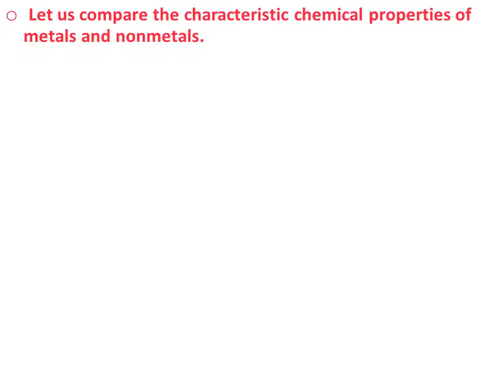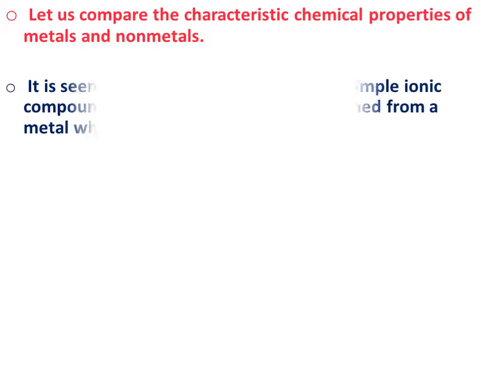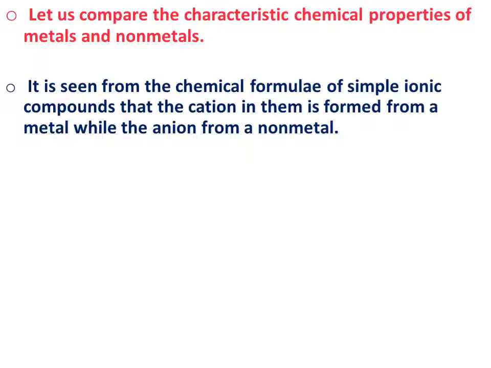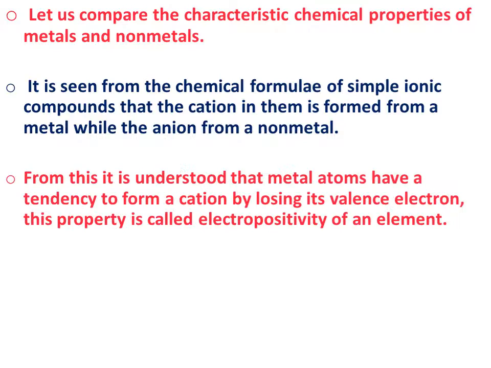Let us compare the chemical properties of metals and non-metals. It is seen from the chemical formulae of simple ionic compounds that the cations in them are formed from metals while the anions are formed from non-metals. From this it is understood that metal atoms have a tendency to form cations by losing their valence electrons.